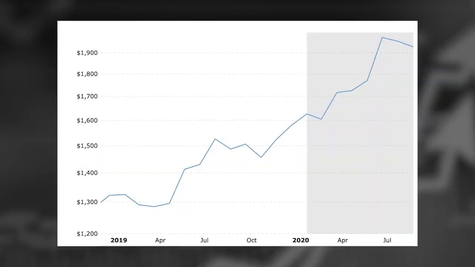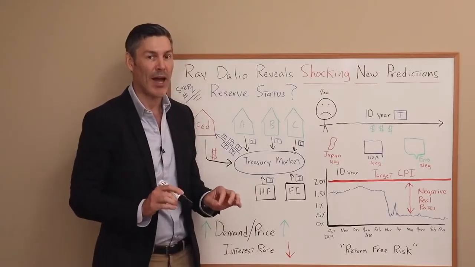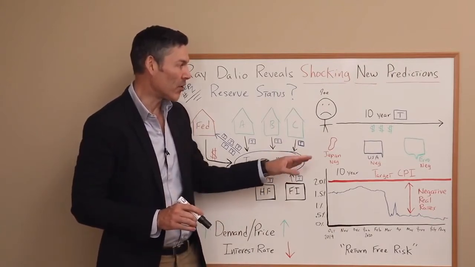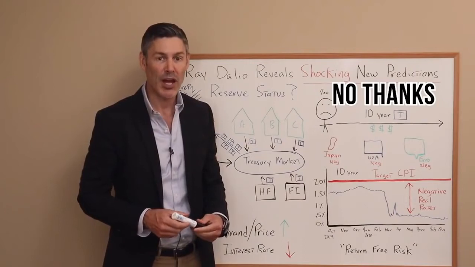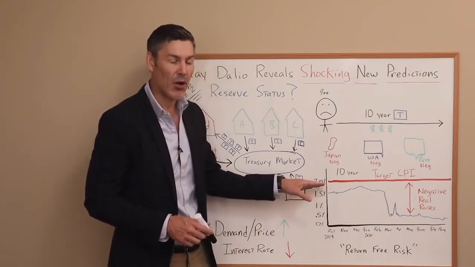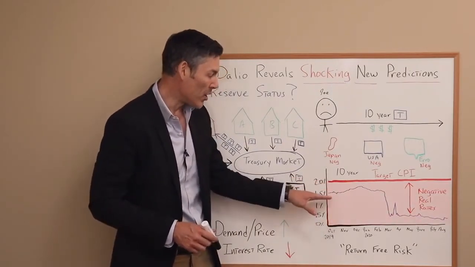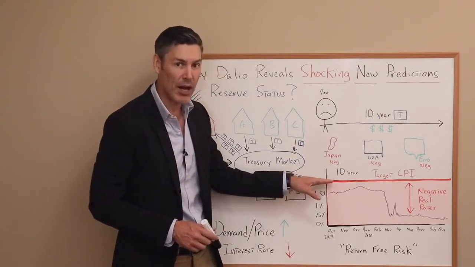And gold, as we all know, has been going up even in 2019, but has gone almost parabolic since March of 2020. So in Ray's opinion, what's happening is the investors are looking at the 10-year Treasury and saying, listen, no thanks. The rate we're being paid to hold them is far below the target inflation rate of the Fed.